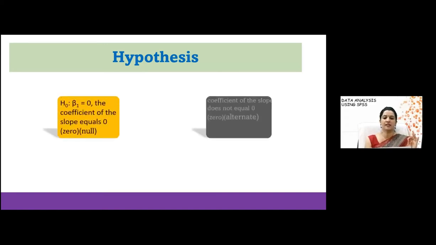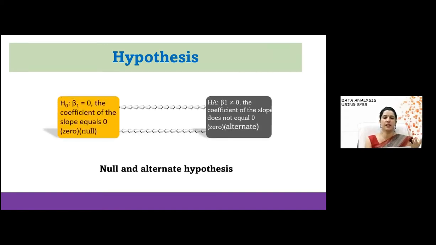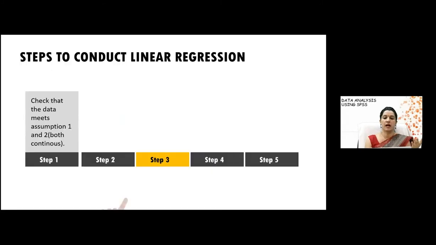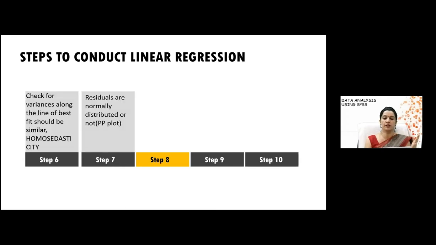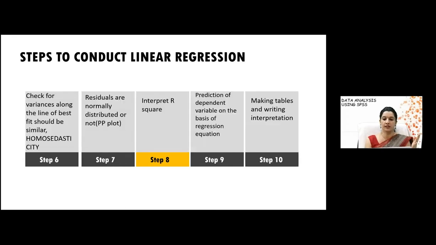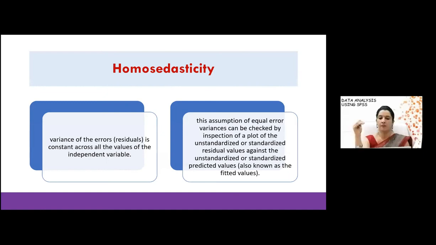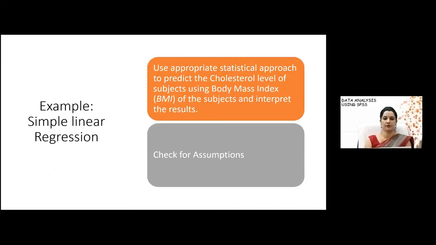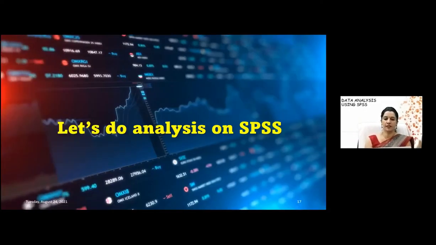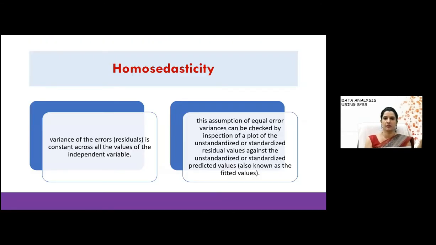That is again similar to the outlier, because with an outlier also, if it is a very large value, you will remove that outlier, right? So this assumption of equal error we check by the residual against the predicted value, which is known as the fitted value. Is it clear up to this point? Okay, ma'am.